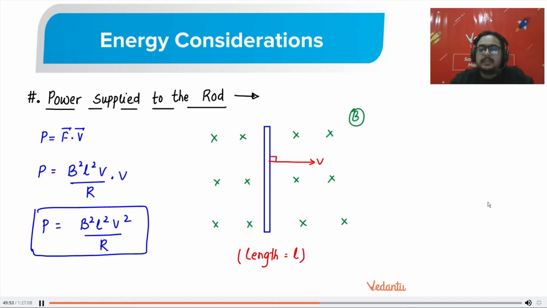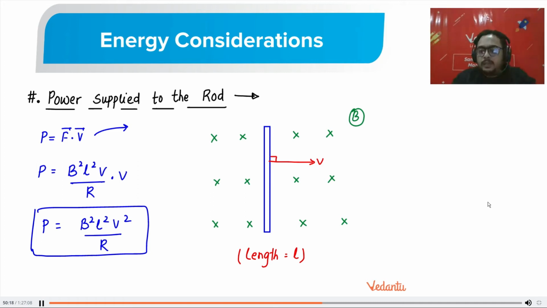Anish is asking the same doubt, but I'm not able to understand it. P is VI, then how VF? Oh, power is V into I. You're talking about that. So put that formula also, then also it's going to come the same. This is the other formula for work power energy that I'm using, which is force into velocity.